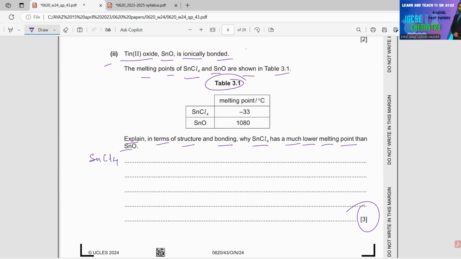Looking at the melting point, it's a simple molecule having intermolecular forces, or attraction between molecules, intermolecular forces or attraction between molecules in SnCl4.